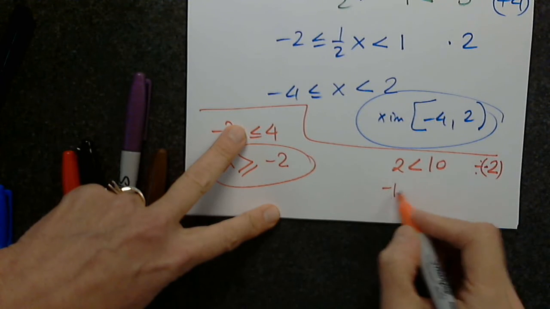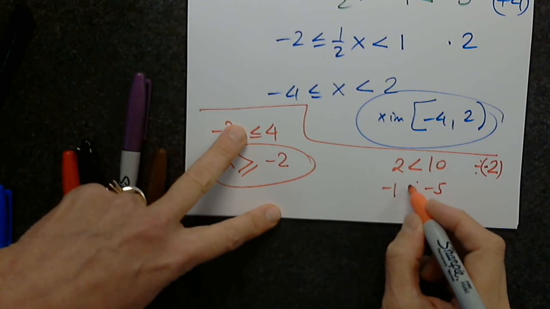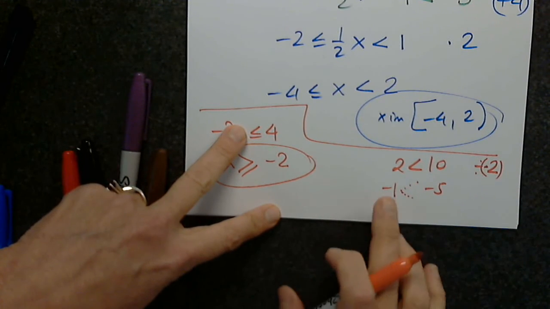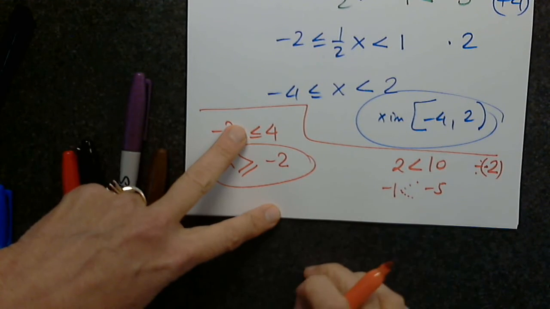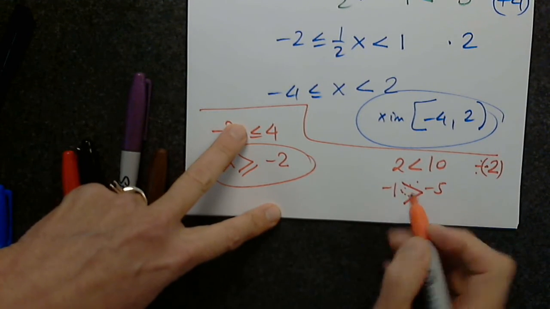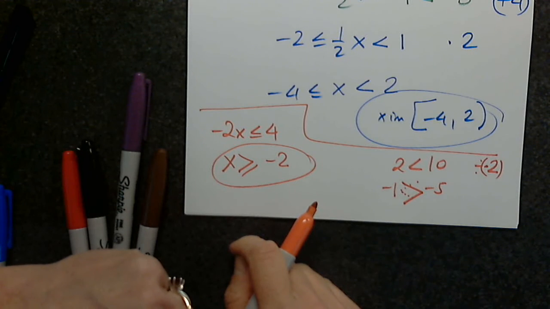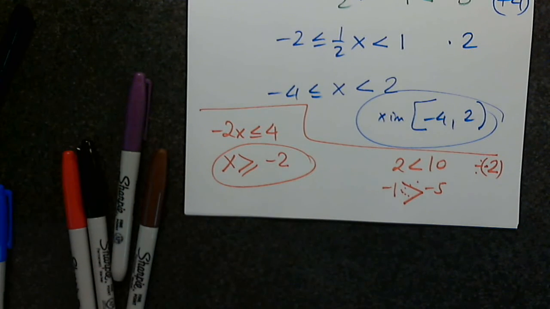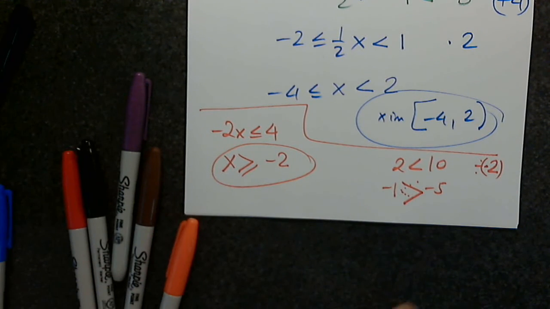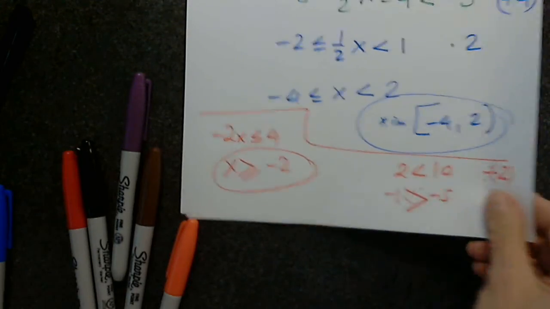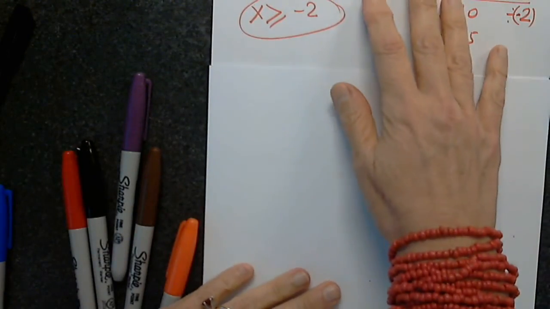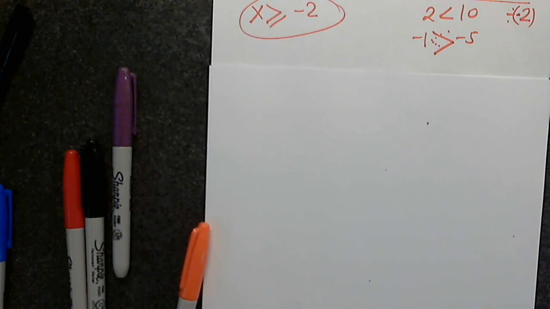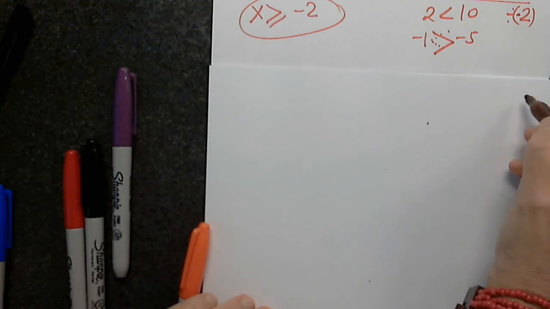So this side is -1, this side is -5. Is this still true? Is -1 still less than -5? No. So every time we multiply or divide both sides of an inequality by a negative number, we have to switch the inequality symbol. Okay, last type here is absolute value.